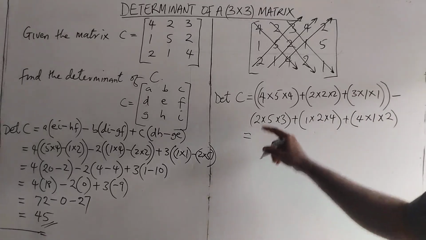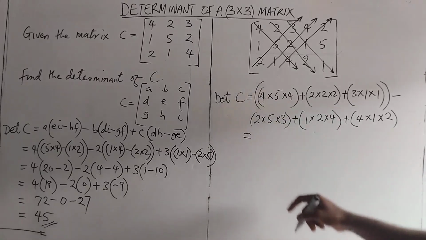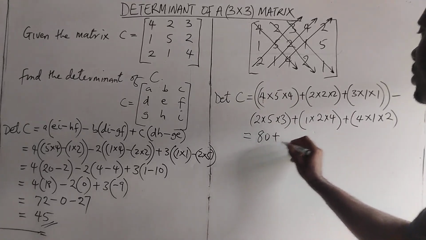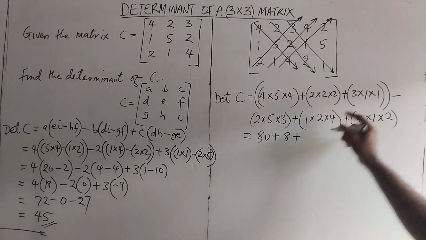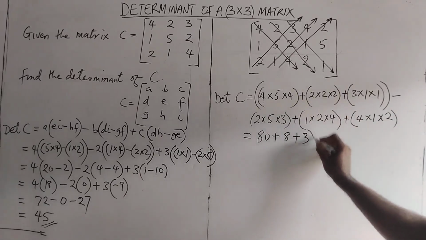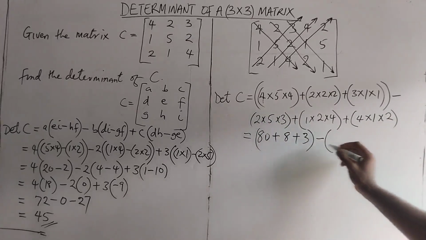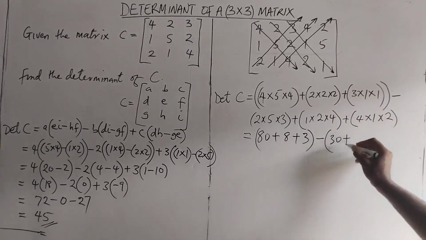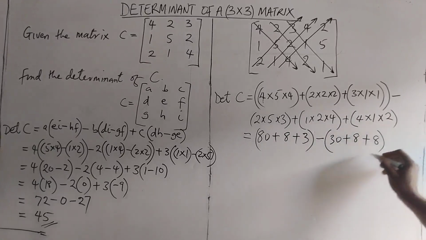Okay, continuing, we'll have this. The first bracket will give you 80 plus this one will give you 8 plus this will give you 3 minus this will give you 30 plus 8 plus 8.